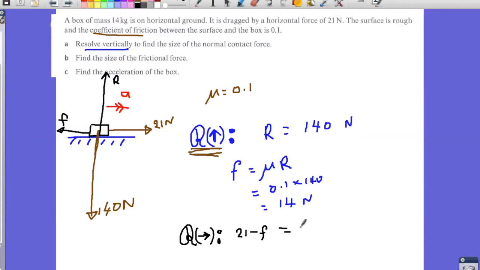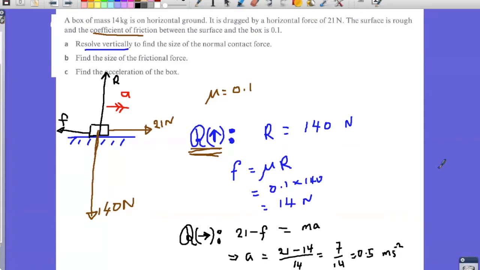That is equal to MA. That gives us A equals 21 minus F, which is 14, divided by M, which is 14. That gives us 7 divided by 14, which is 0.5 meters per second squared.